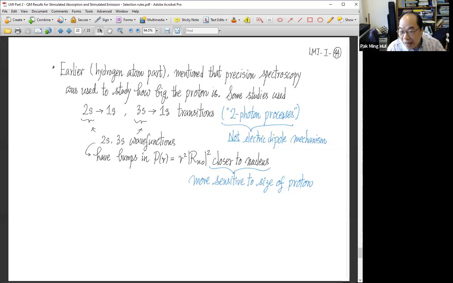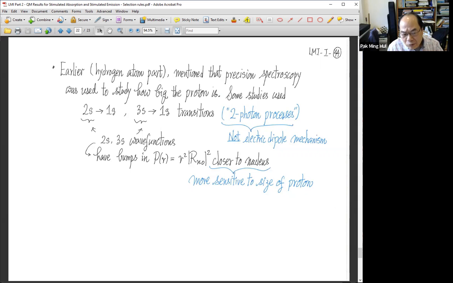They use the 1s, 2s transition, which is forbidden within our discussion, and a 1s, 3s transition, which is also forbidden, but those are two photon processes that are beyond the scope of our theory.